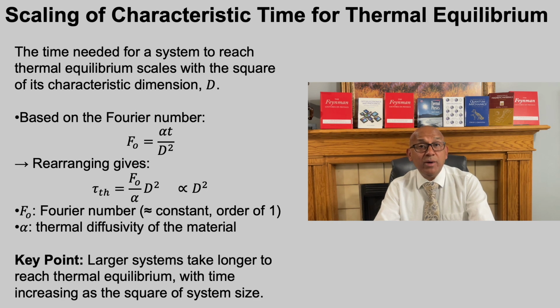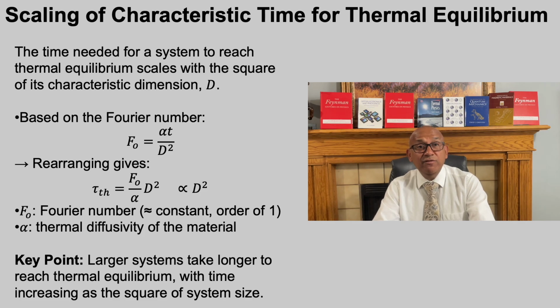Now let us talk about how long it takes for a system to reach thermal equilibrium. The characteristic time for heat to spread throughout a material is proportional to the square of its size. This comes directly from the Fourier number relation, where tau_thermal equals F_o divided by alpha times d squared. Since F_o is a constant of order 1, tau_thermal scales as d squared.